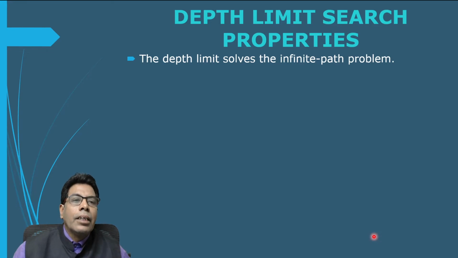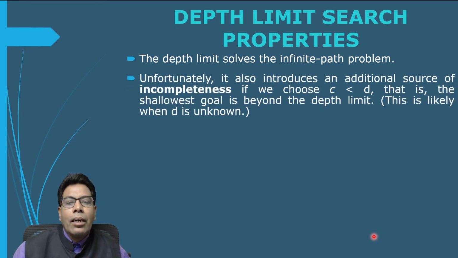Next is depth limited search properties. Depth limited search solves the infinite path problem, but it will introduce an additional source of incompleteness. That means depth limited search is not complete. If we choose the cutoff C less than depth D, that is, the shallowest node is beyond the depth limit, then we will not be able to reach the solution.